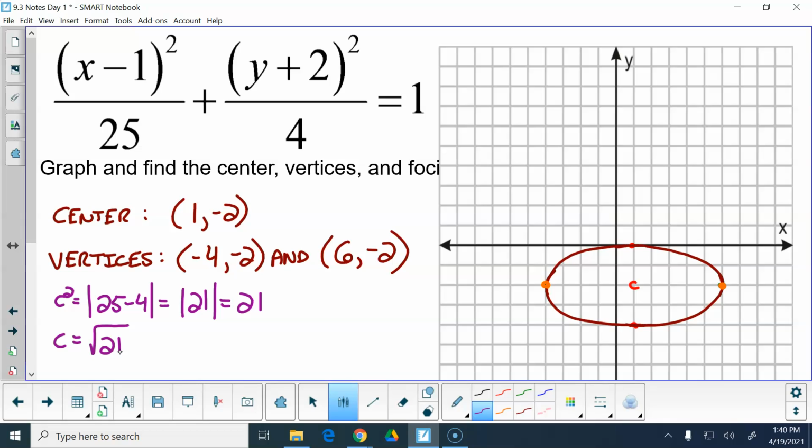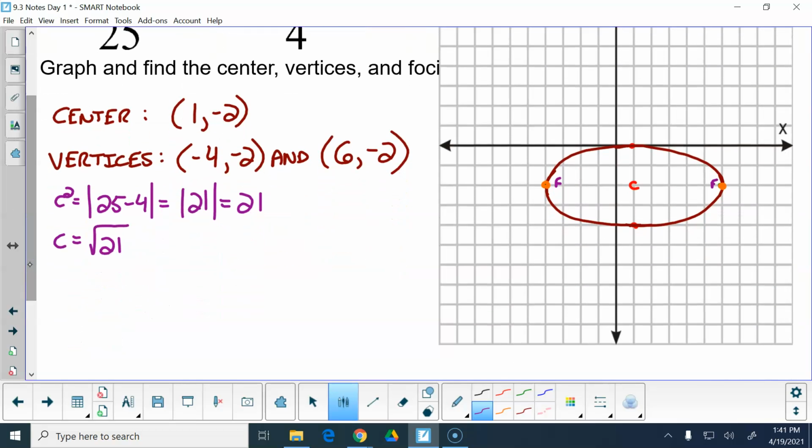Since my foci are going to be the square root of 21, which is just over 4, about 4.5-ish, 4.5 to the left and 4.5 to the right, that means I'm going to add and subtract them to the x part of the center.